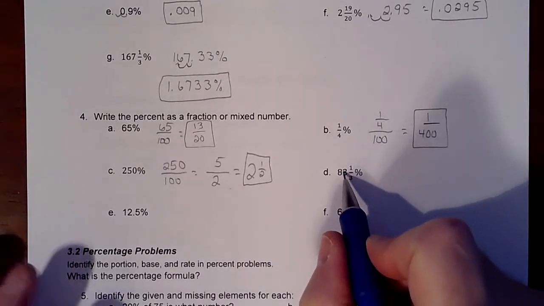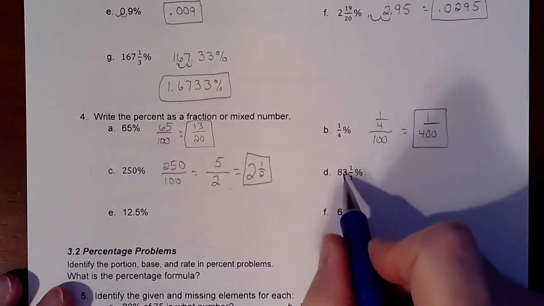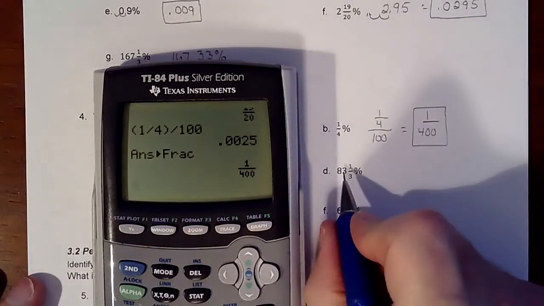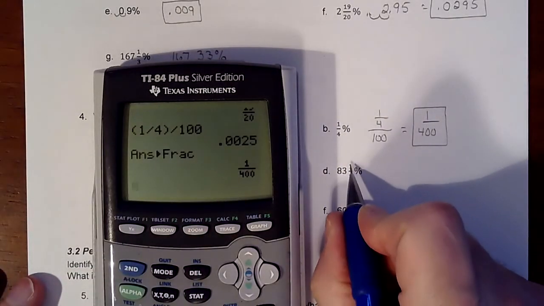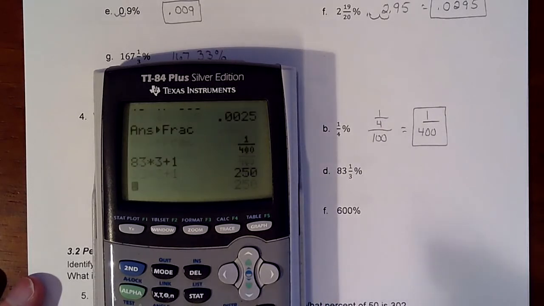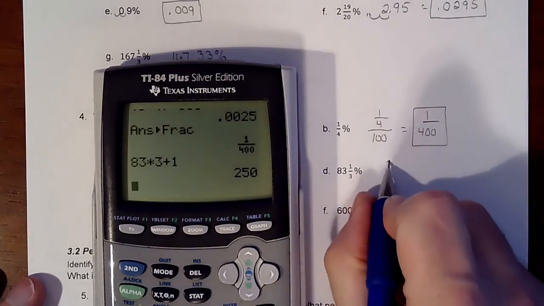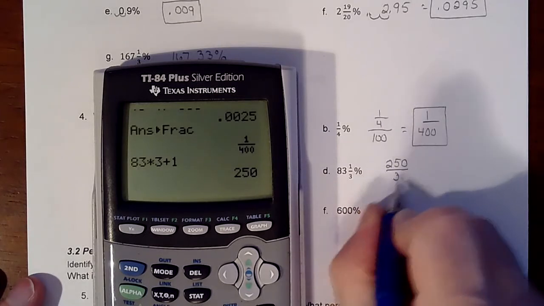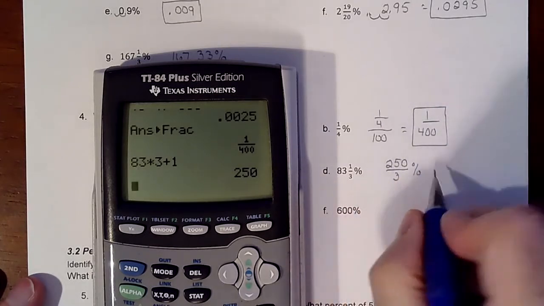By that, I mean, let's make this a mixed or an improper fraction. So what I'm going to do is I'm going to do 83 times 3 plus 1. Okay, so that 250 is my numerator. So it's really 250 thirds percent.